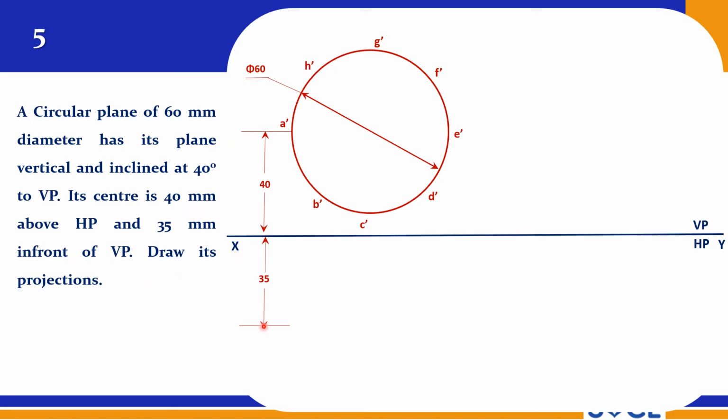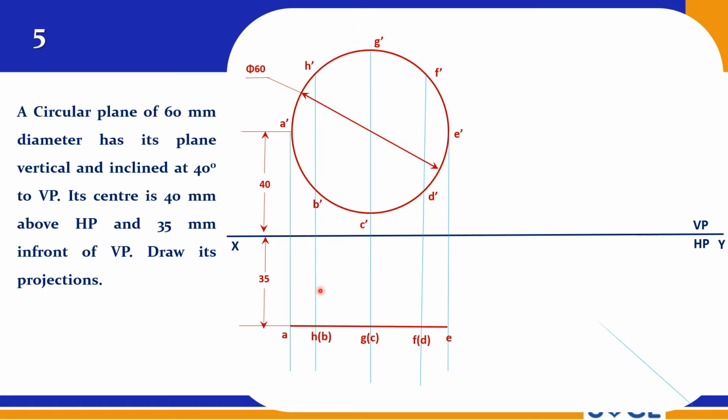Its center is 35 mm in front of VP. So at 35 mm you draw its top view. Top view is obviously a line only, right? When you see from top, you can see from A to E and it will be a line. So this is A, and H is visible, B is invisible, G is visible, C is invisible. You know how to divide this into 8 equal parts, 8 or 12 equal parts.